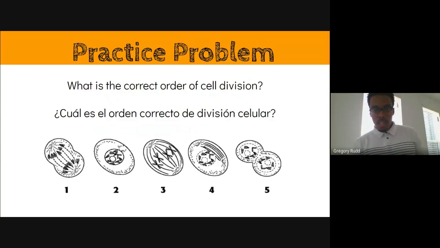Okay, so if you look at these images and compare to what we just talked about in your notes, what should be the order of them? I know we only have 4 steps of mitosis, but I'll give you a hint. We really have 2 steps of prophase in this image.